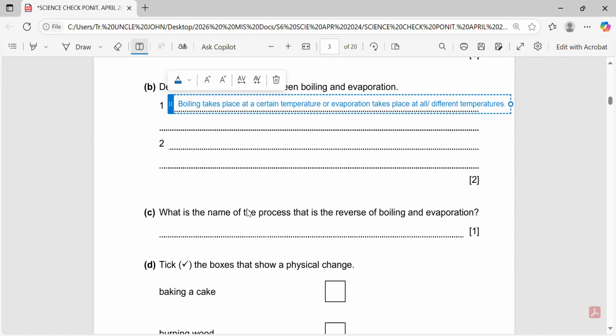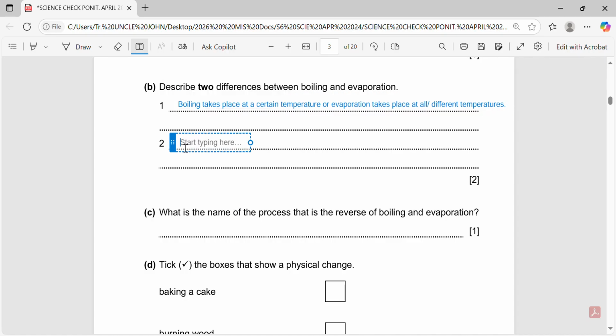Yes. Then you can give another reason. Boiling produces bubbles, while evaporation is a slow process.